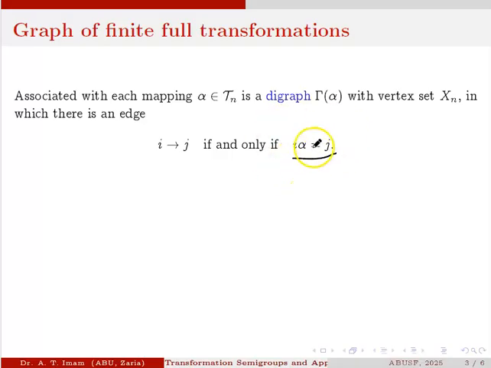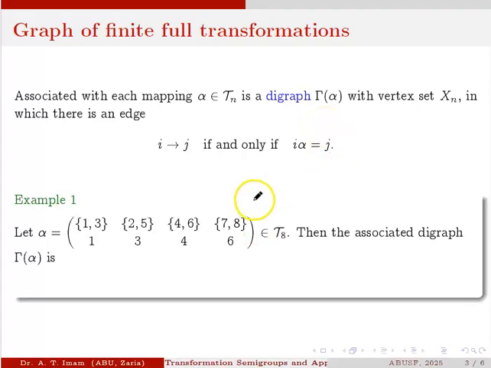So this is how you define the graph. The vertices of the graph will be the points 1, 2, 3 up to n, and there will be an edge from i to j if j is the image of i under the mapping alpha. So every map induces this type of graph.